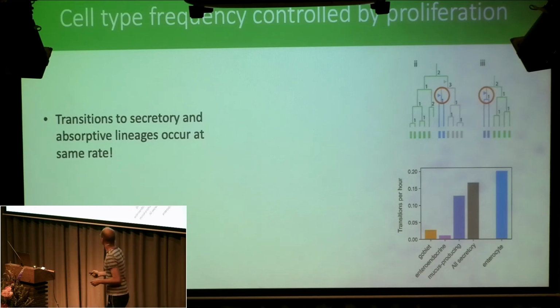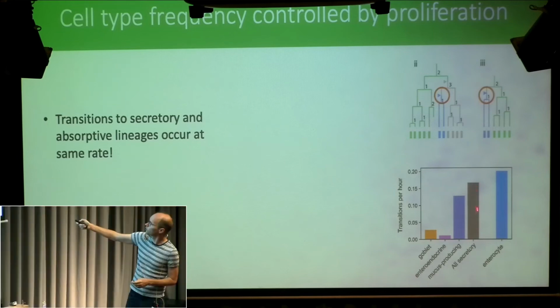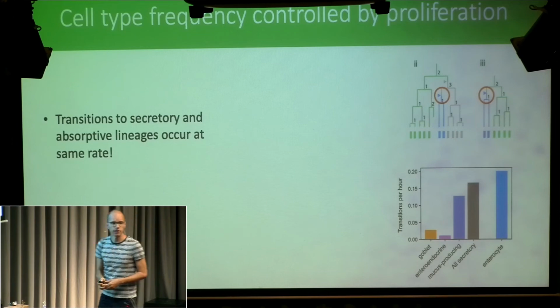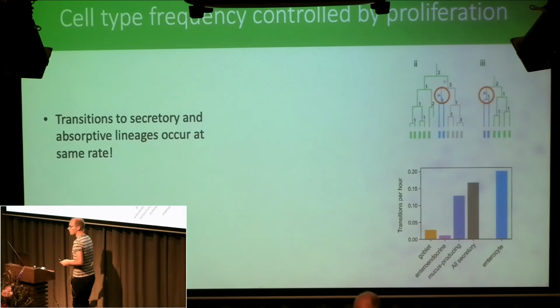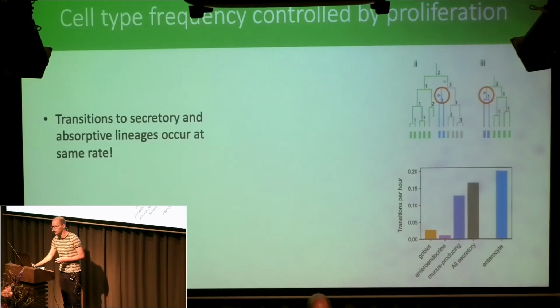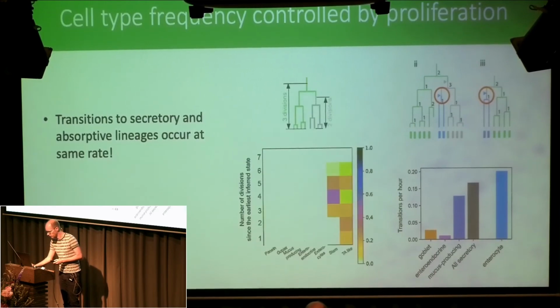The thing to look at are these here, the transitions per hour to all secretory fates and to the absorptive fates. And we see that these are quite similar. And so it means that these transitions to secretory or absorptive fate are made at the same rate. So something else must be changing to explain this difference in abundance.